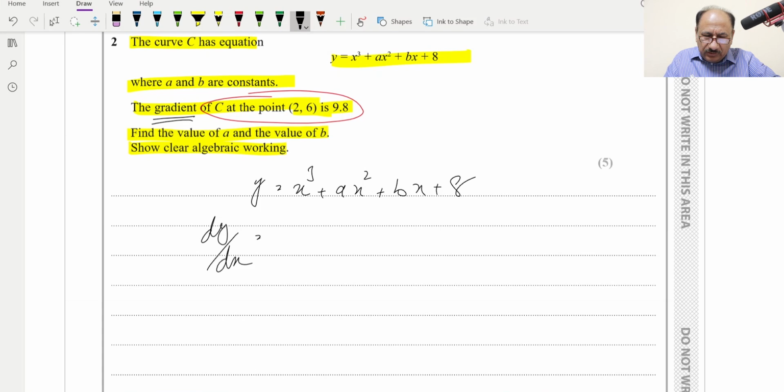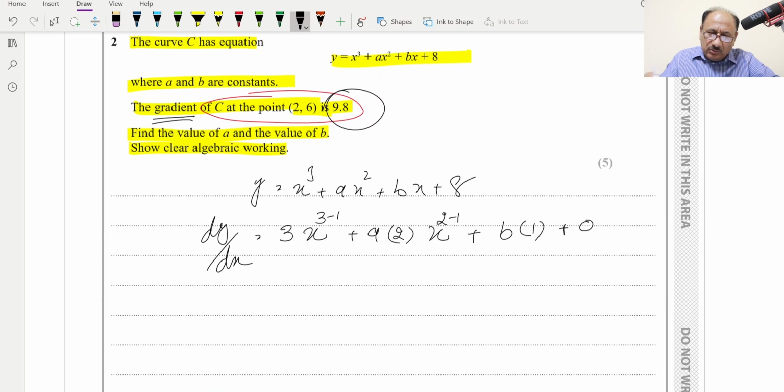If we take the derivative, the power will be pulled first, so x raised to 3 minus 1, plus a, and power will be 2 into x raised to power 2 minus 1, then plus b, and derivative of x is 1, and plus constant will be 0. And they have given that it is equal to 9.8.